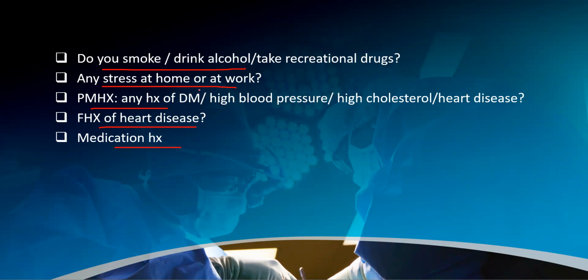It's very important in these cases that you ask about past medical history of any high blood pressure, diabetes, high cholesterol, or heart disease. Family history of heart disease is very important as well, and if this patient is on any medication. So always we finish with SADMA, past medical history, family history.